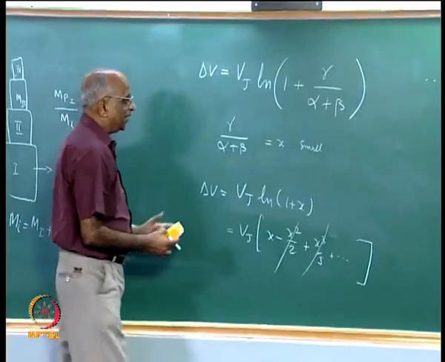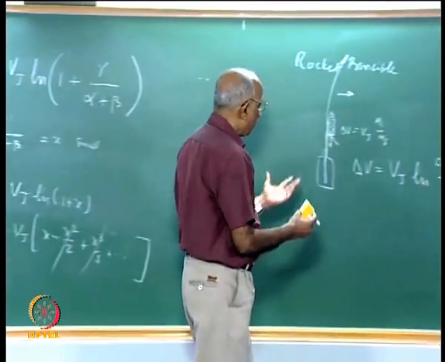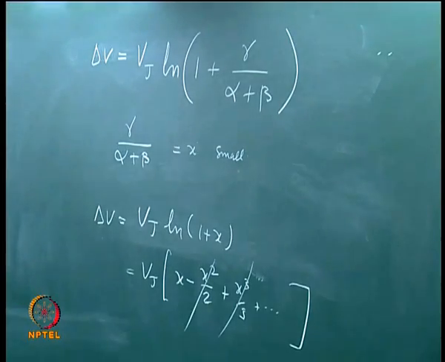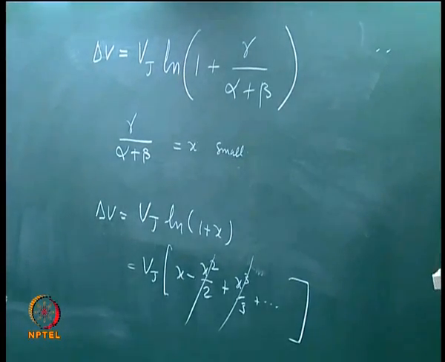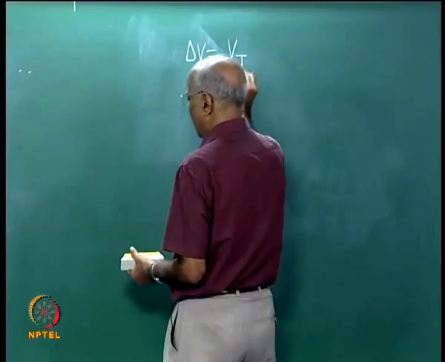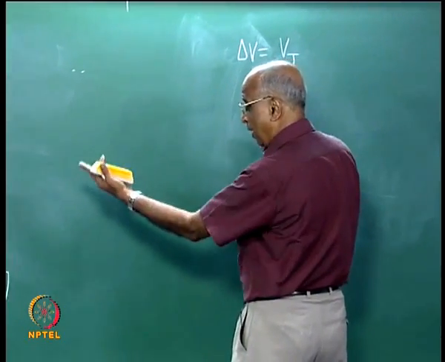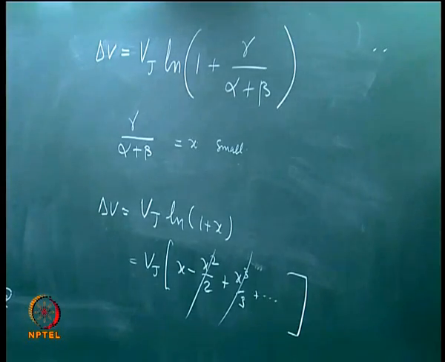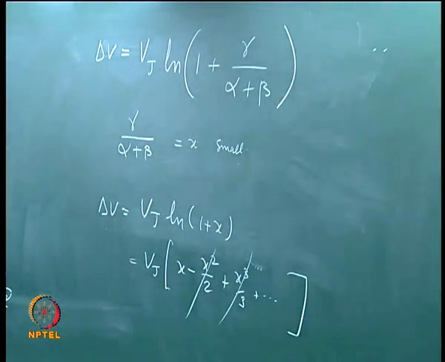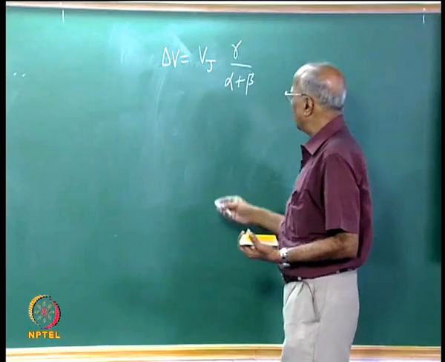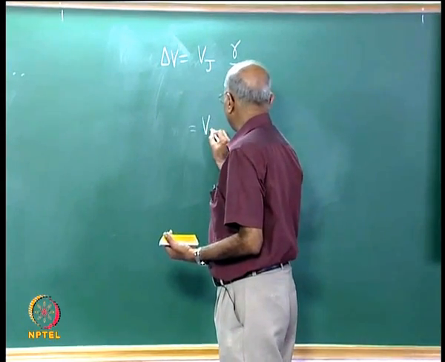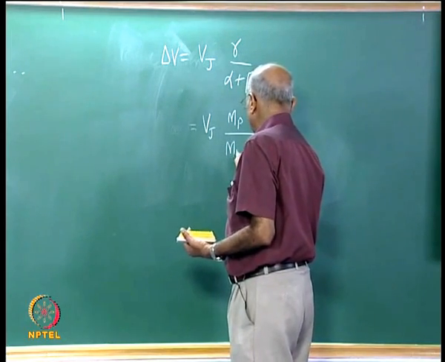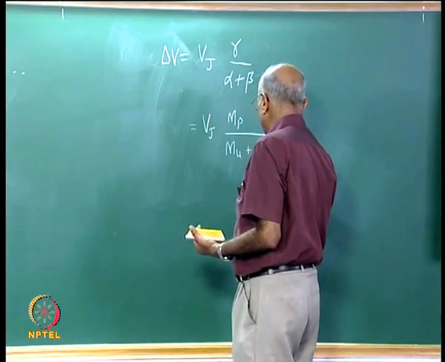Now I get the delta V for a booster rocket, or the bottle rocket which we used for Deepavali time, as delta V is equal to Vj into, I plug back the value of the number, gamma over alpha plus beta. Let us put it in terms of the dimensions. Therefore, I get Vj into mass of the propellant divided by mass of the useful part plus mass of the structure.